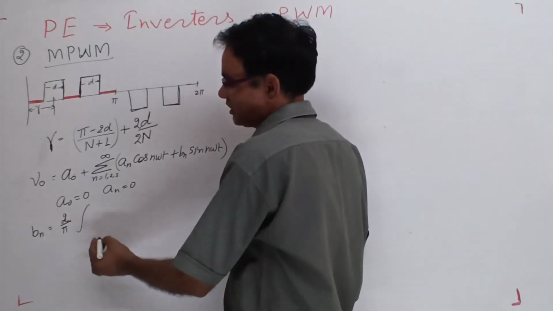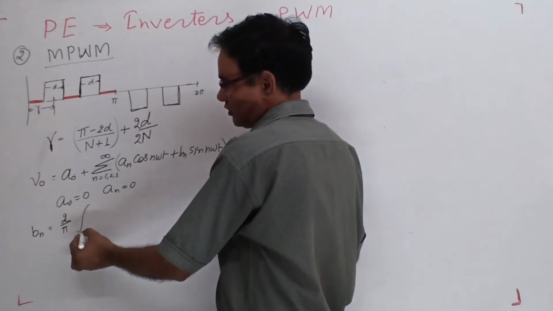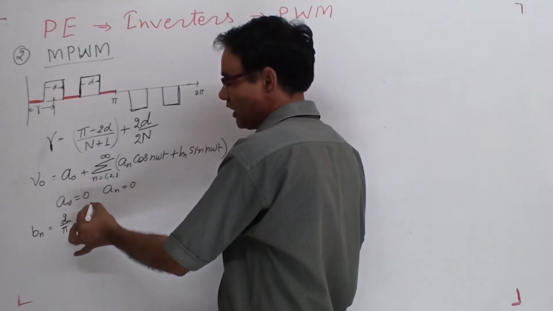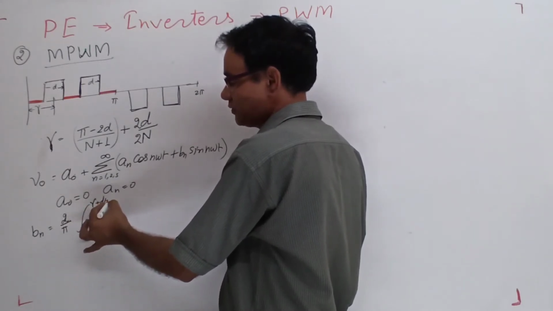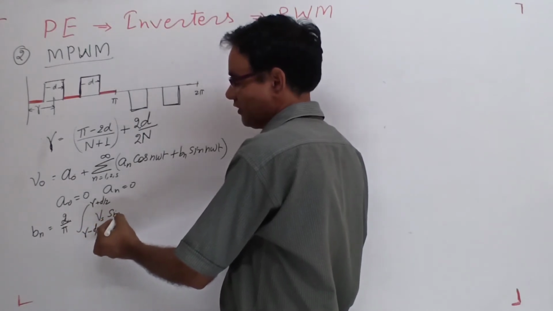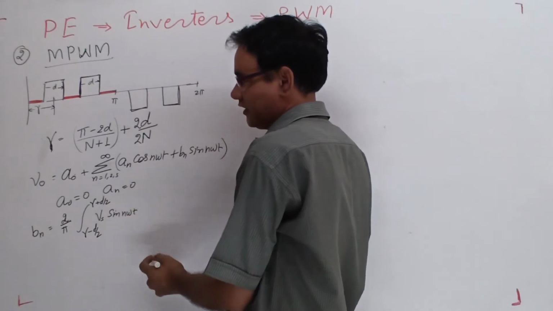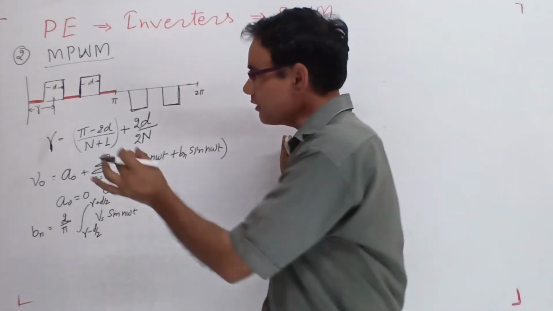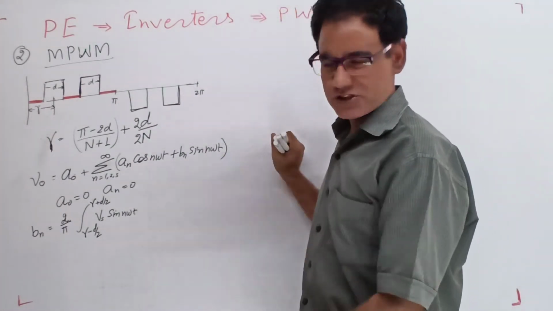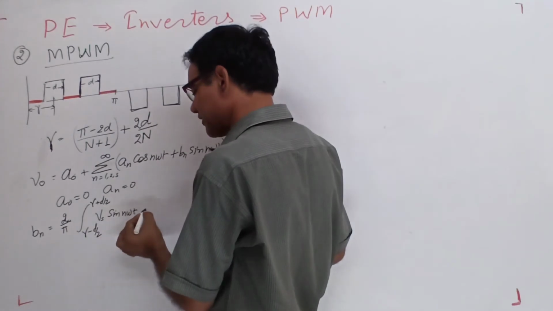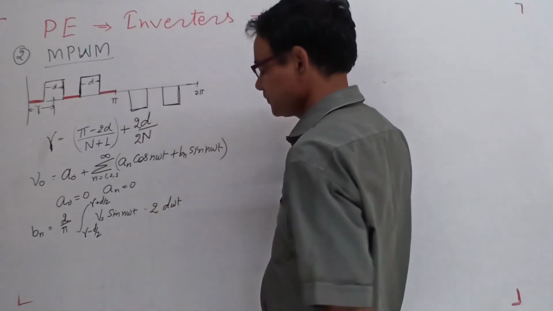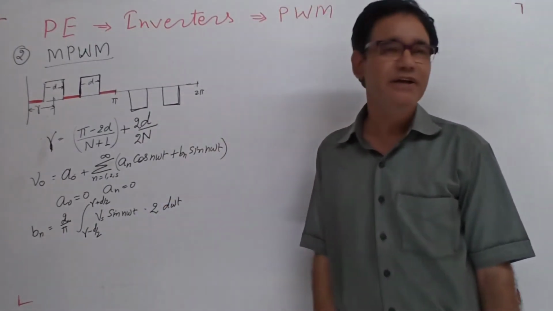It is the integration from gamma minus d by 2 to gamma plus d by 2 of Vs sine of n omega t for one particular pulse, and then for the two pulses, we further multiply by 2, d of omega t. So this is the value of bn.